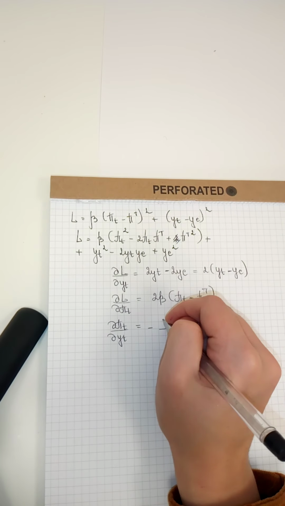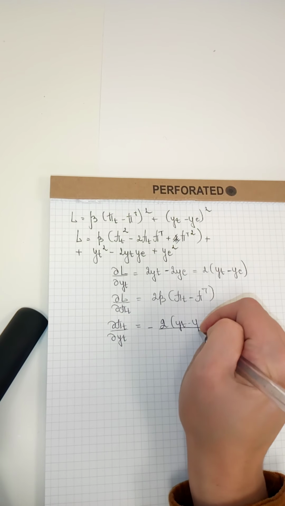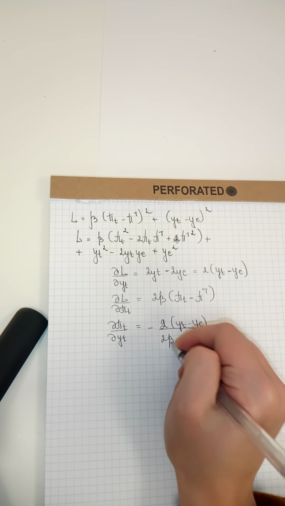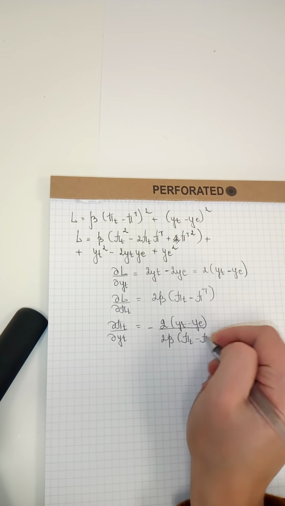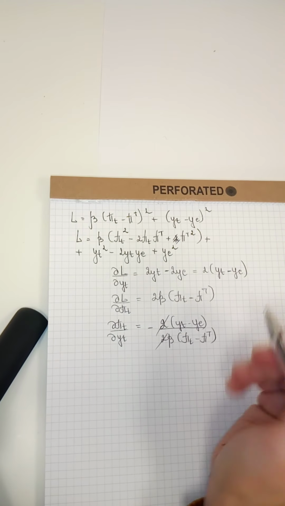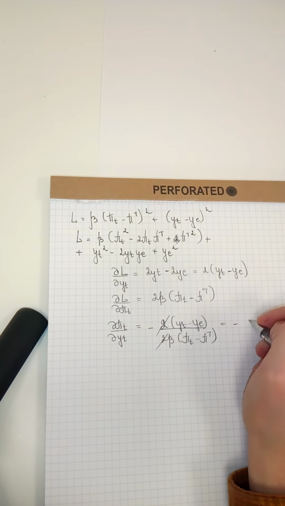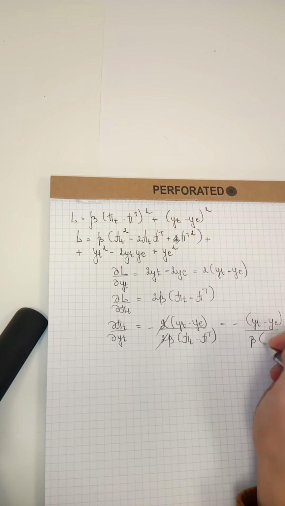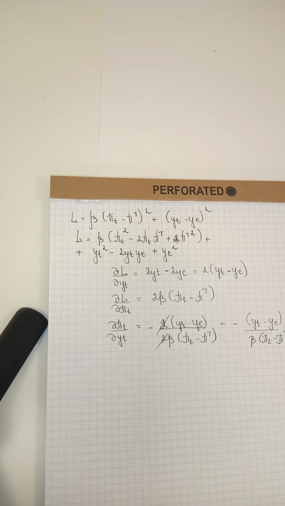And we get 2 times yt minus ye over 2 beta times pi t minus pi tau, which gives you minus yt minus ye divided by beta times pi t minus pi tau. Looks fine. So this will be the slope of the iso-loss curve.